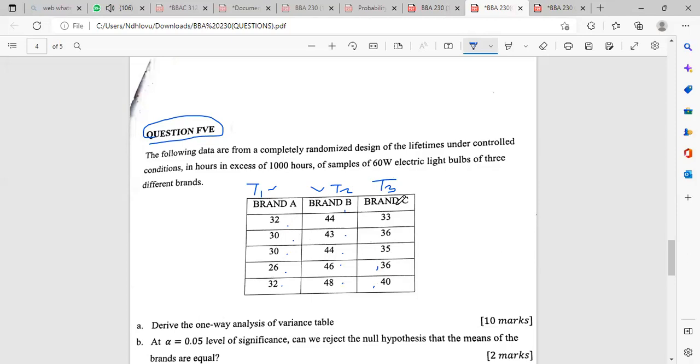All right. So the following data are from a completely randomized design. When you come across the term completely randomized design, it simply means a one-way ANOVA. The question says the following data are from a completely randomized design of the lifetime, under controlled conditions, in hours in excess of 1,000 hours, of samples of 60 watt electric bulbs of 3 different brands.